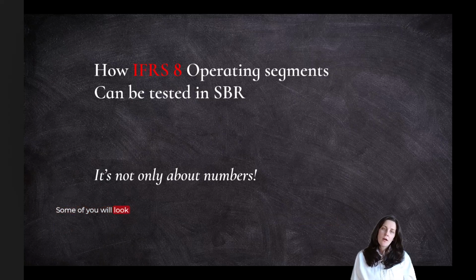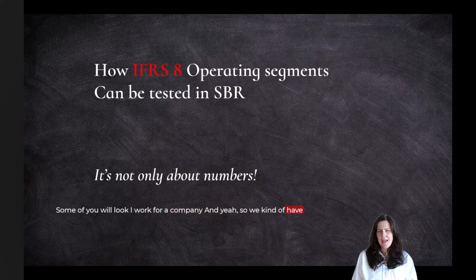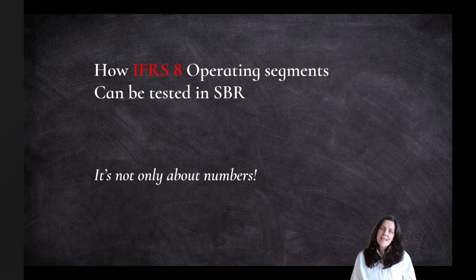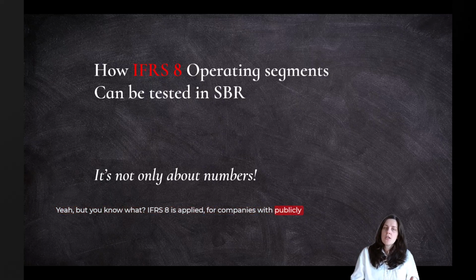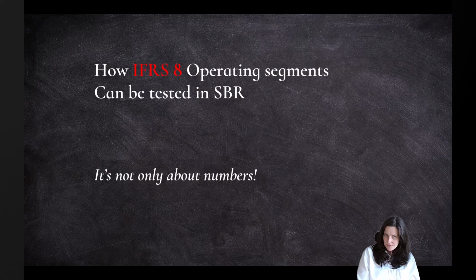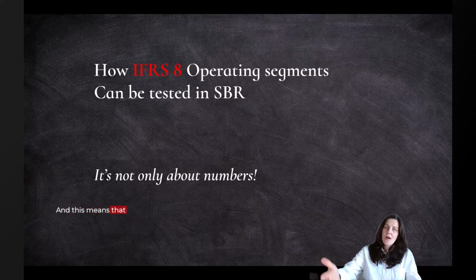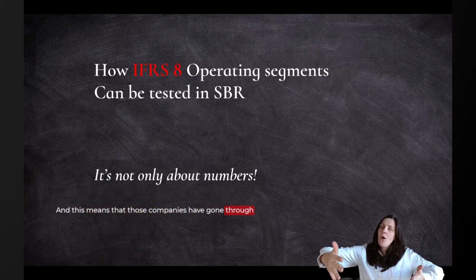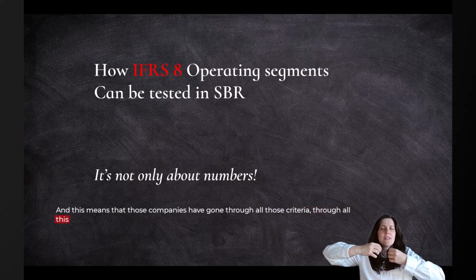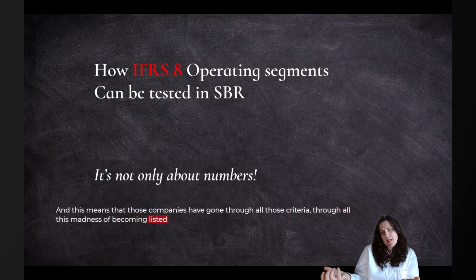Now, some of you will tell me, look, I work for a company, and yes, we kind of have divisions, but nobody analyzes them individually. Yes, but you know what? IFRS 8 is applied for companies with publicly traded debt and equity. And this means that those companies have gone through all those criteria, through all this madness of becoming listed.